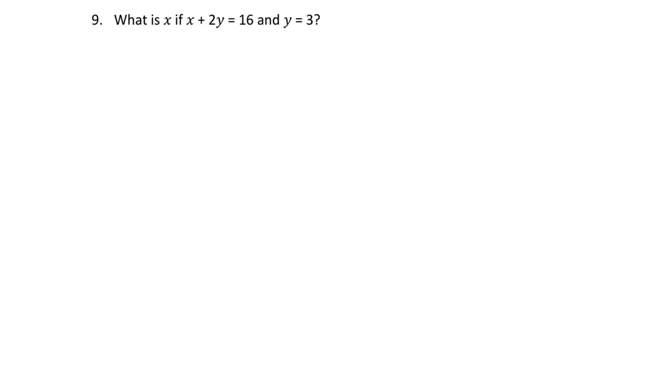Question number 9. What is x if x plus 2y equals 16 and y equals 3? So we have been given x plus 2y equals 16 and the value of y equals 3. So let us substitute this value into our equation.